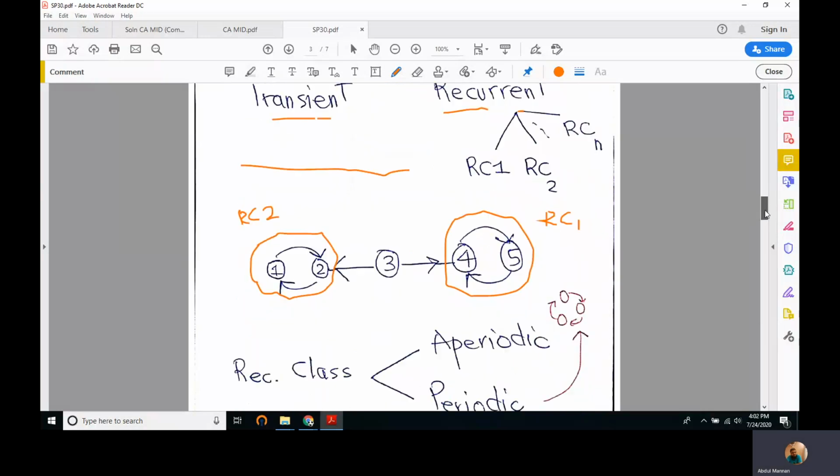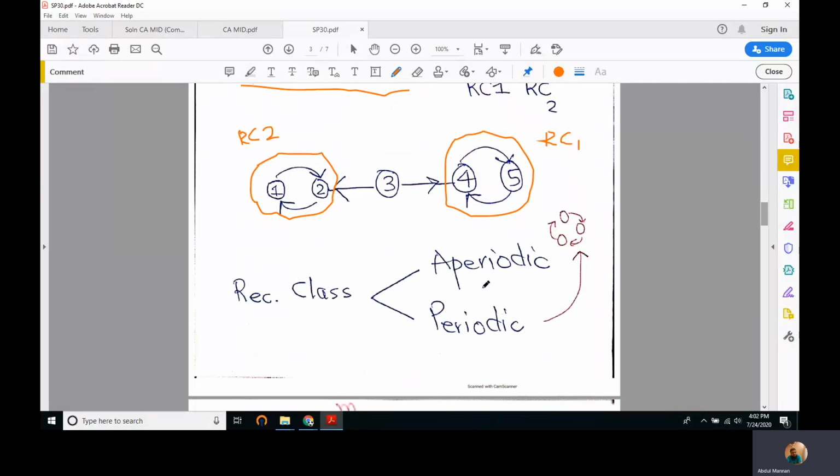Right. We further studied that these recurrent classes can be aperiodic or periodic. The states in a recurrent class can be periodic or aperiodic. If the recurrent class is periodic, this means the states in that recurrent class can be further divided into different subsets: subset 1, subset 2, subset 3, S1, S2, S3.